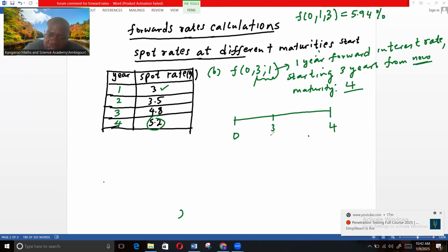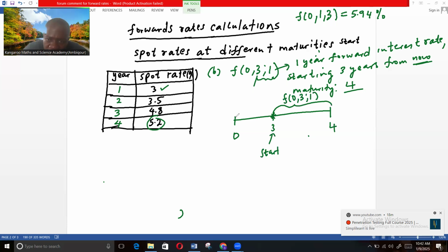So the forward rate will start here. If this is the start, it means we want to calculate the forward rate, which started in 3 years but has a duration of 1 year. You see, 4 minus 3 is 1 year.